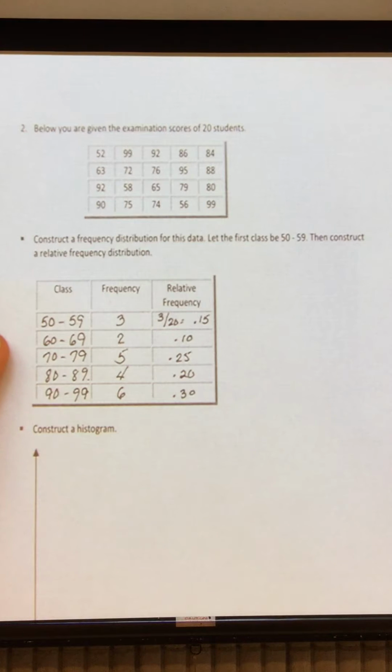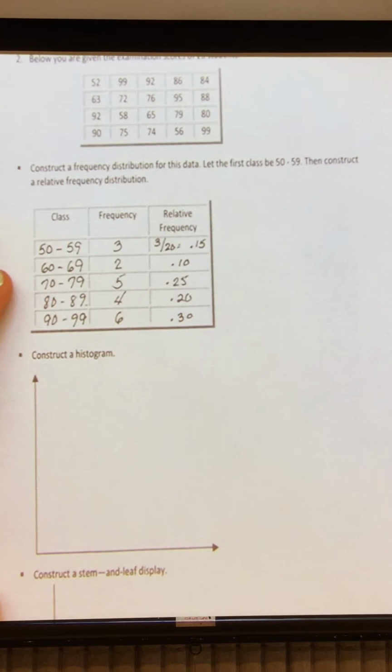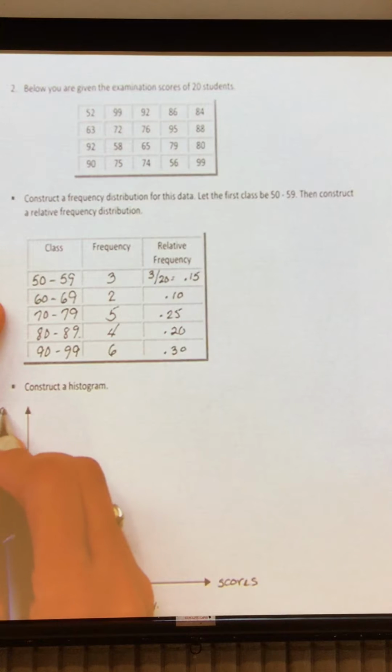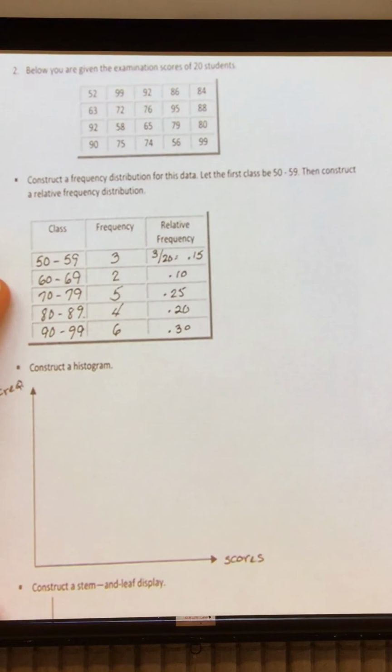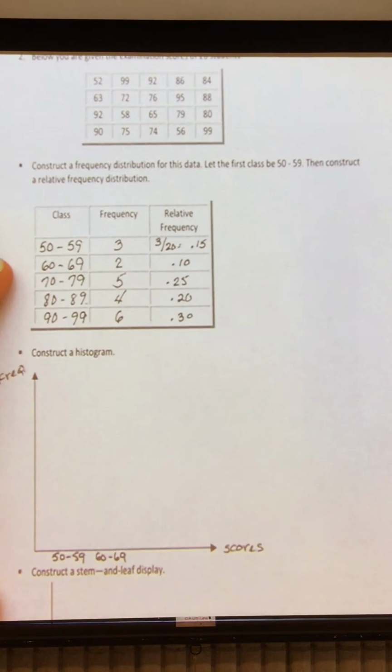So now to construct your histogram, again your scores are labeled on your x-axis, your frequency is on your y. So here your first class will be between 50 and 59, and then 60 to 69.